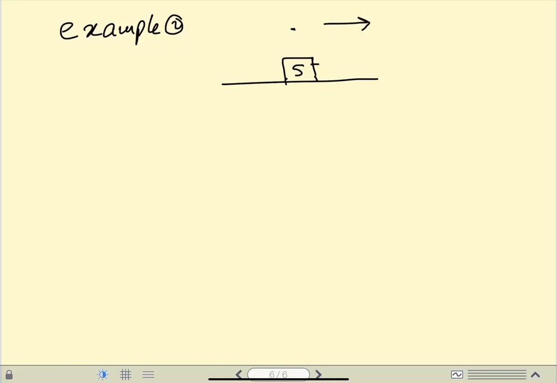And we have force number 1, 6 newtons. Force number 2, 14 newtons. Force number 3, P newtons. And the particle is accelerating. Particle is accelerating. We don't need to write this.